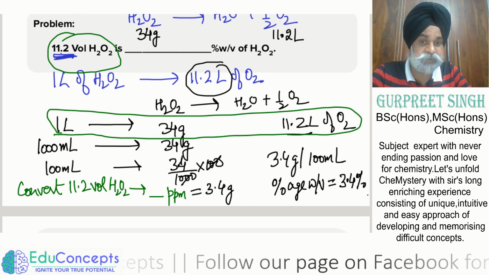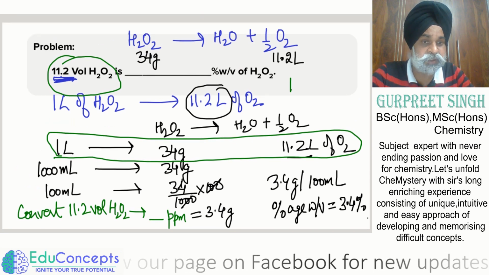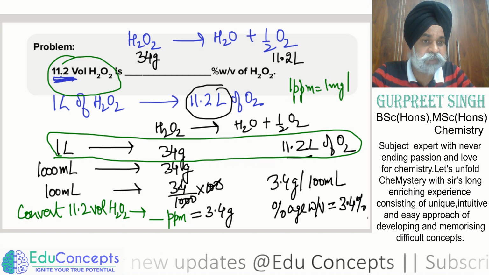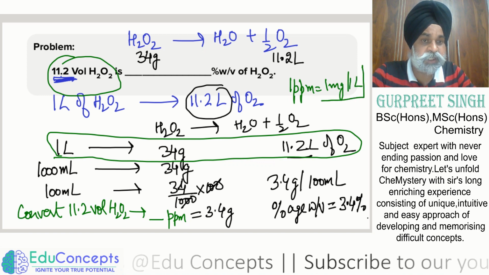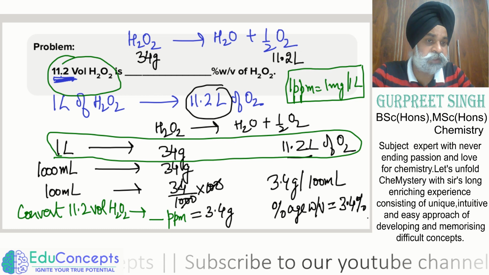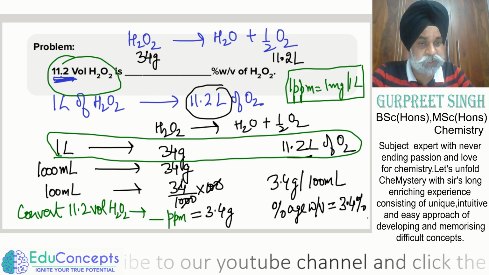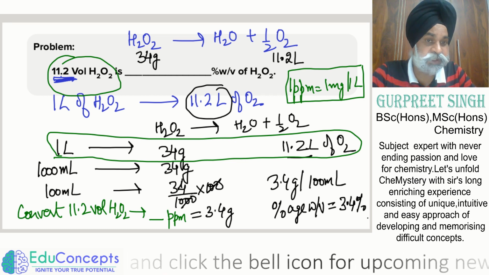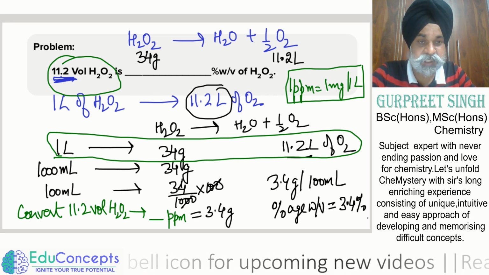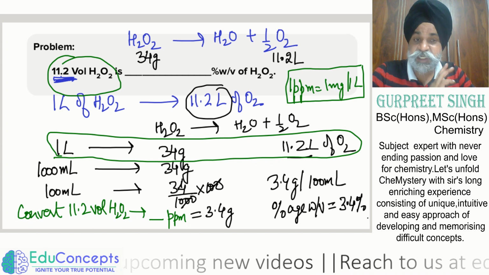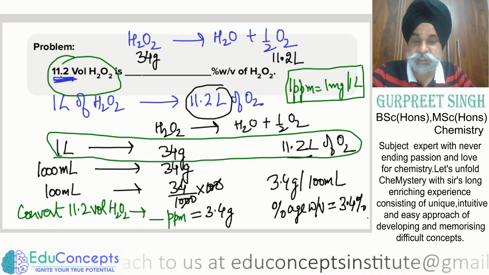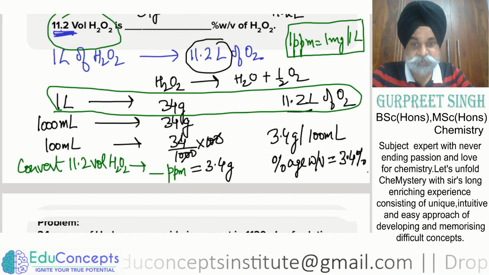So I could give you a simple hint that always keep this in mind: 1 ppm is 1 milligram in 1 liter. If 1 milligram of solute is put into 1 liter of solution, it makes 1 ppm. So I gave you a hint. Solve this out and write it in the comment box. I will endorse it in case you get the right answer.